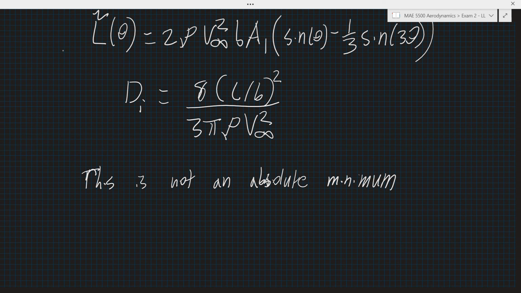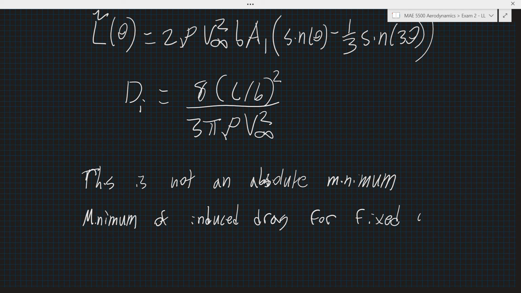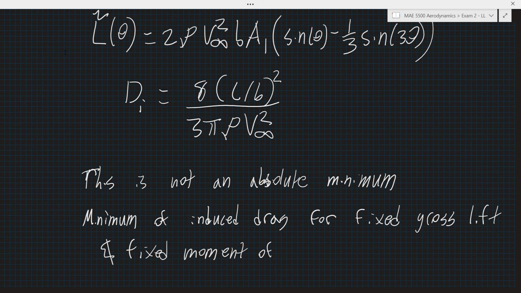But he said that it is the minimum of induced drag for fixed gross lift and fixed moment of inertia of gross lift.